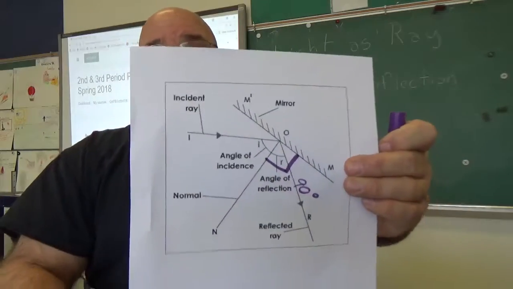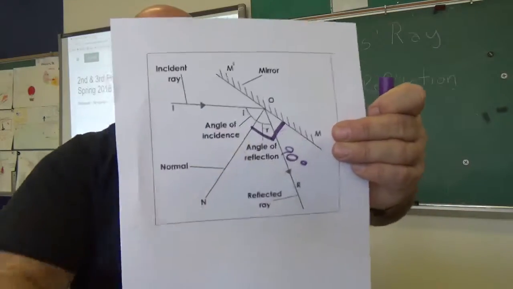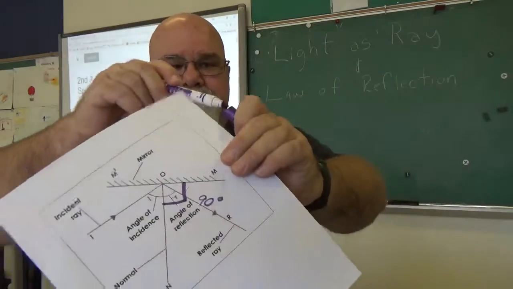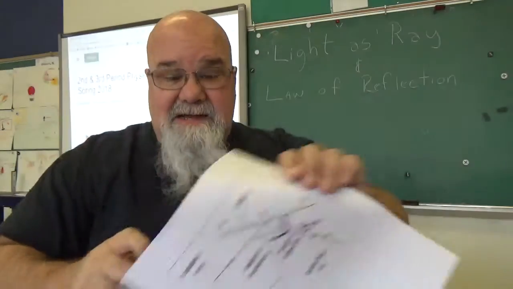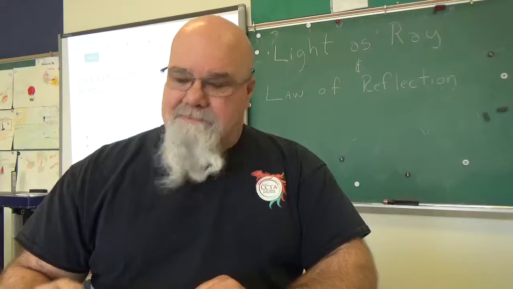For those of you who don't remember algebra, drawing a little square means it's 90 degrees. So we've established a normal is 90 degrees from the surface. It's an imaginary line. As we measure the incident line and the reflected line, we're going to measure them to the imaginary normal line, as we see on the sheet.